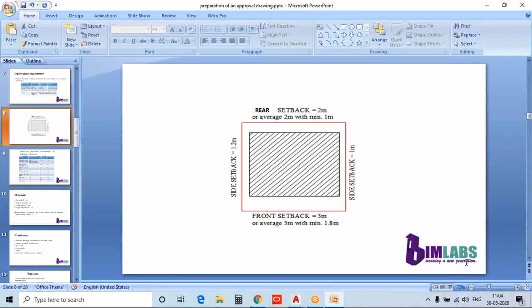Okay, ma'am, Vastu related points in residential buildings? Vastu related points are a separate topic. You have to find out the Vastu related rules, like placing the master bedroom in some portions and the kitchen in other portions. We cannot include this topic because this session is based on preparation of approval drawings, and not all people look at Vastu.